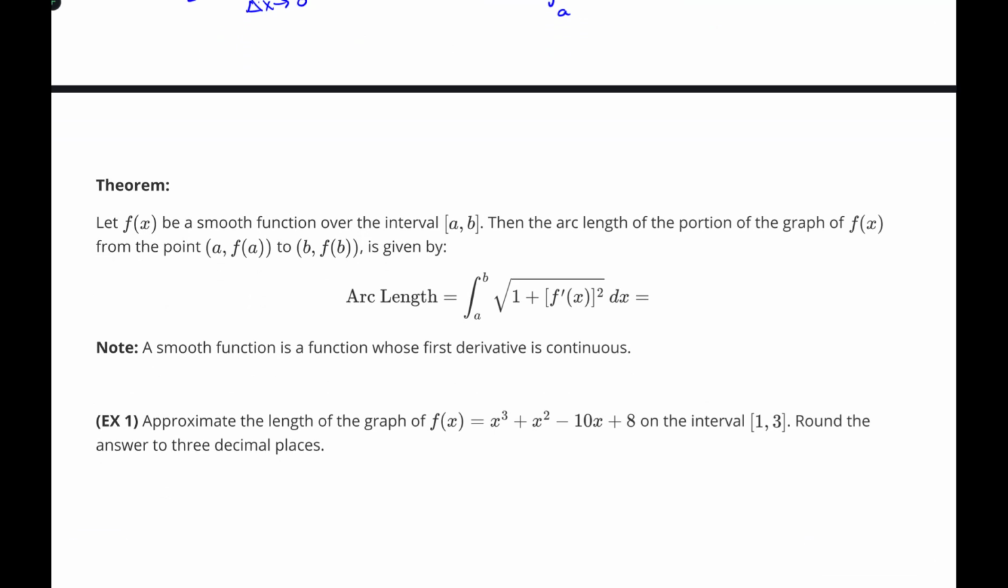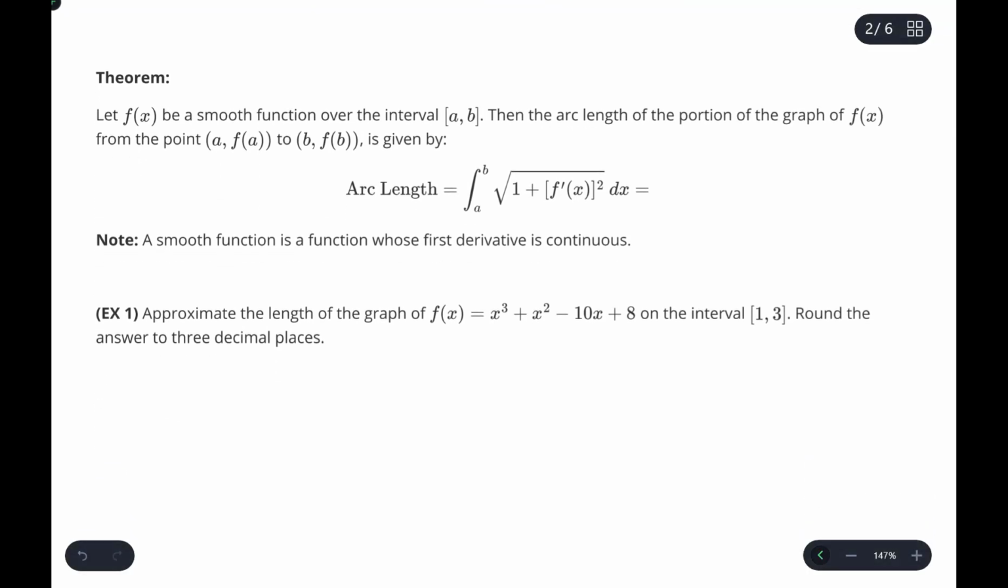So the theorem states here: let f of x be a smooth function over the interval a to b, and the arc length of the portion of the graph of f of x from the point (a, f of a) to (b, f of b) is given by this function right here. Now, there can't be any discontinuities or points that are not differentiable, so we say that this has to be a smooth curve, and a smooth function is just one whose first derivative is continuous.